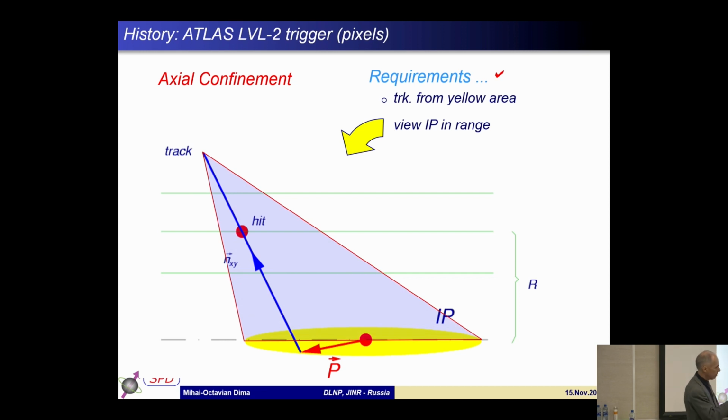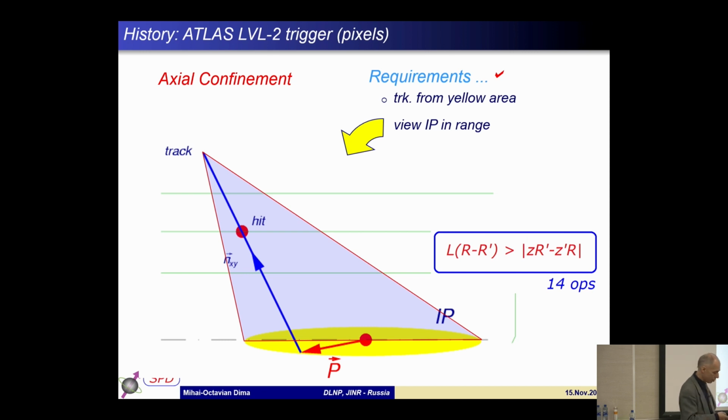You have to see the range of the interaction point in a sort of a view, and the hits that you're looking at are inside this range, and inside that range you have another formula that looks even simpler, but it has just 4 more operations because square root is equal to 4 operations.